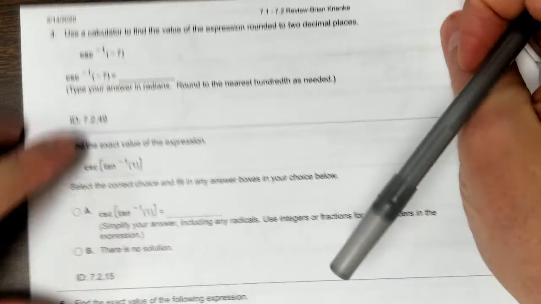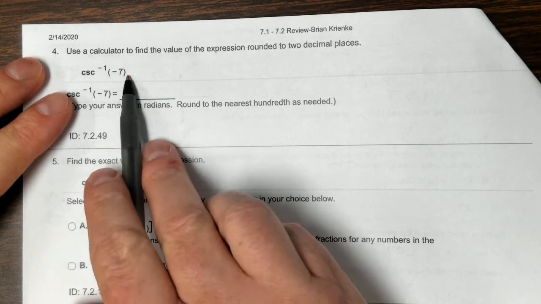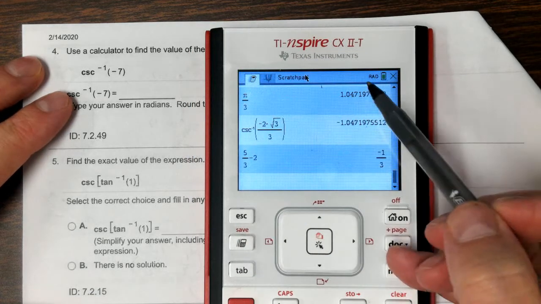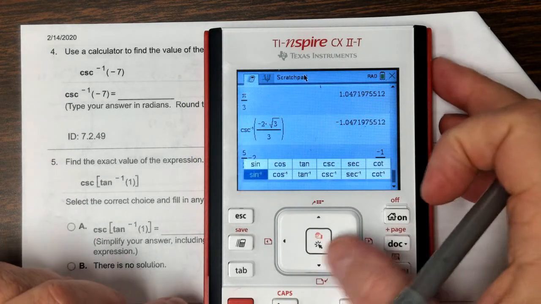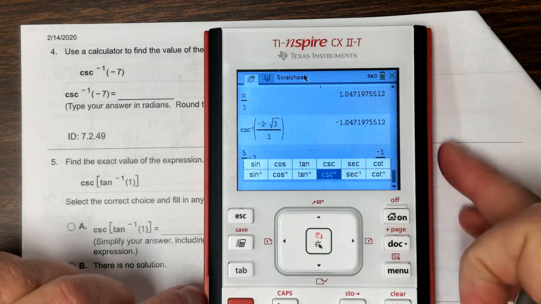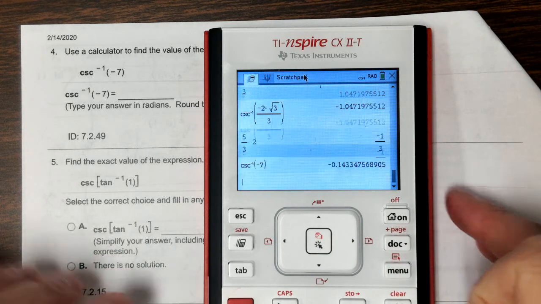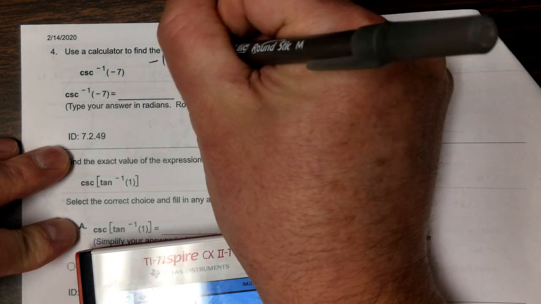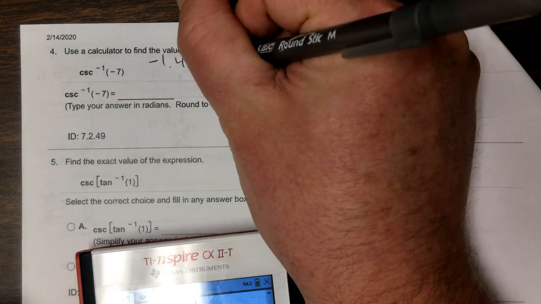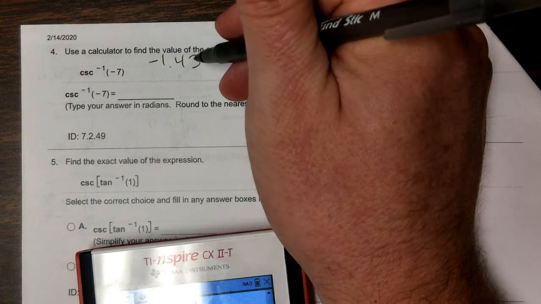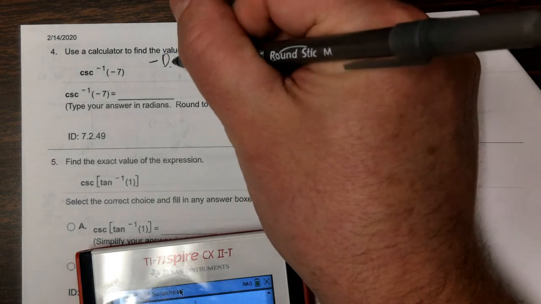All right. So on our next one, we've got cosecant negative 1 of negative 7. Again, we're in radian mode. Cosecant negative 1 of negative 7. Sorry, I did this backwards.